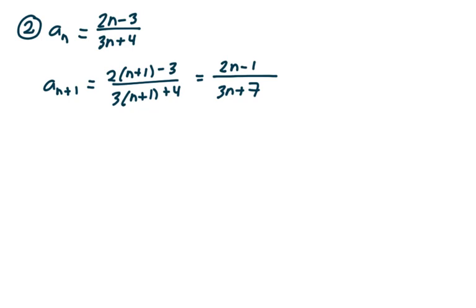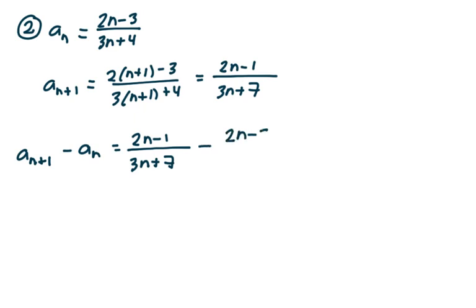Now, here's the deal. I'm going to take a sub n plus 1 and subtract off a sub n. And you get (2n minus 1) over (3n plus 7) minus (2n minus 3) divided by (3n plus 4). Let's get a common denominator.